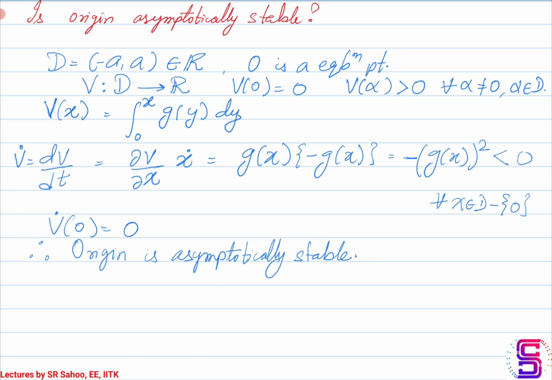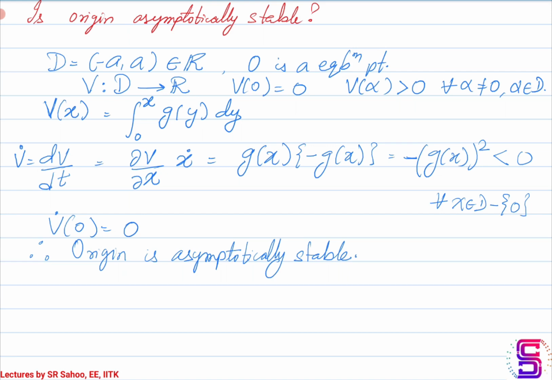It says that if you can find a continuously differentiable positive definite Lyapunov candidate function whose derivative along the system is negative semi-definite, then the equilibrium point is stable, and if the derivative is negative definite, then the equilibrium point is asymptotically stable.